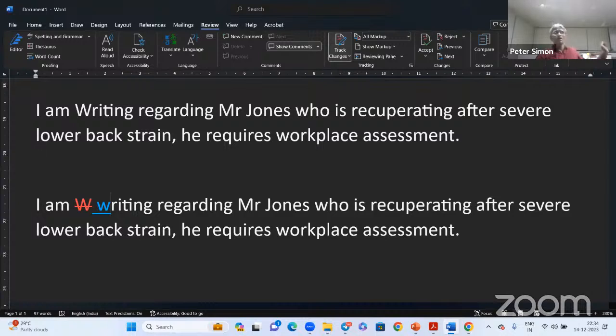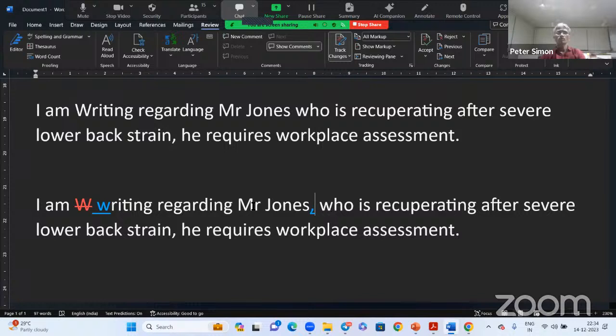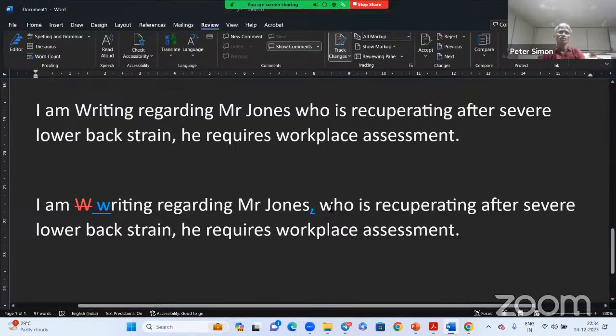I am writing regarding Mr. Jones, who? This is a relative clause. You have to put a comma. Put a relative clause after a comma. Okay? Comma. So who? Mr. Jones, who? Who is this Mr. Jones? Mr. Jones is who? Who is Mr. Jones? So when you are joining this one, this is called relative clause. You have to connect it with a comma.